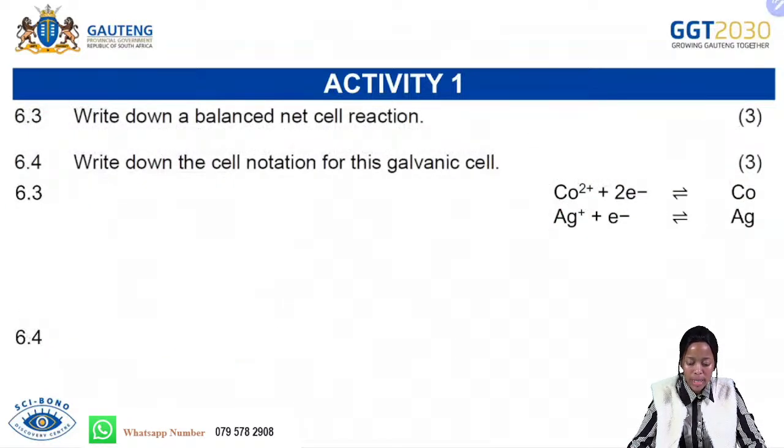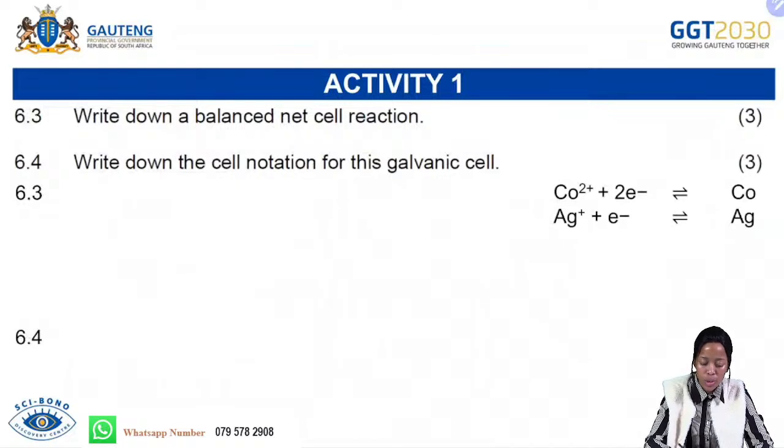Okay, the next one says that you need to write down a balanced net cell reaction. So for you to be able to write down a balanced net cell reaction, what is it that you are going to need? It therefore means that you are going to need the oxidation half reaction as well as the reduction half reaction. So from the oxidation half reaction, what is it that we have?